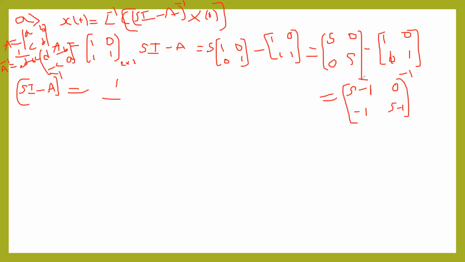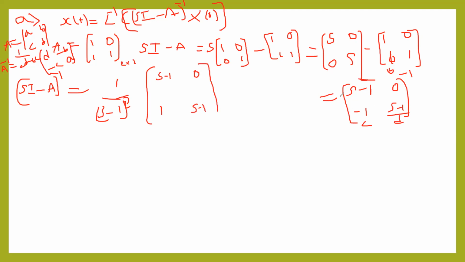AD minus BC gives 1 by (s minus 1) whole square, since BC is 0 into something, which is 0. D is s minus 1, minus B is 0, minus C is 1, and s minus 1. Clear?